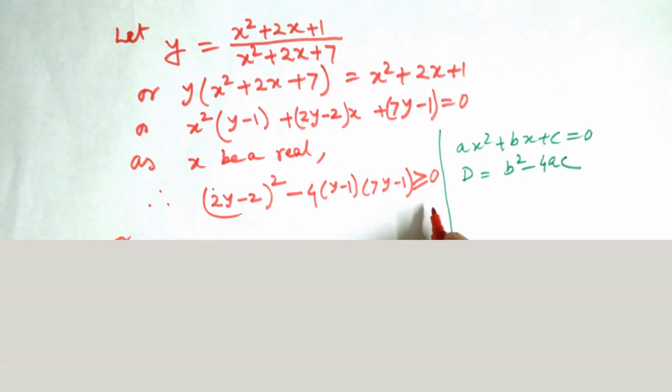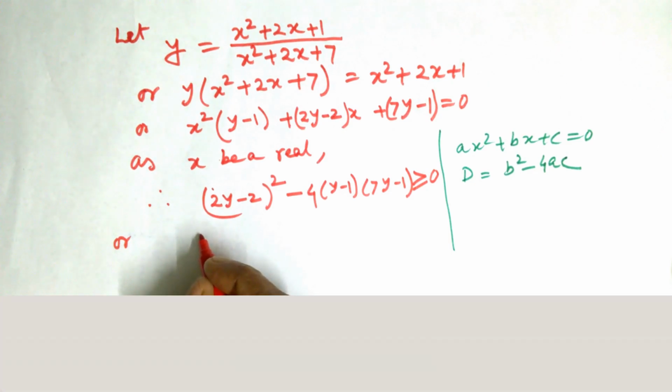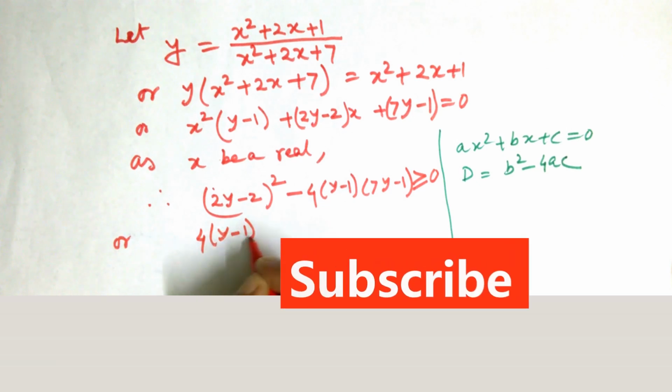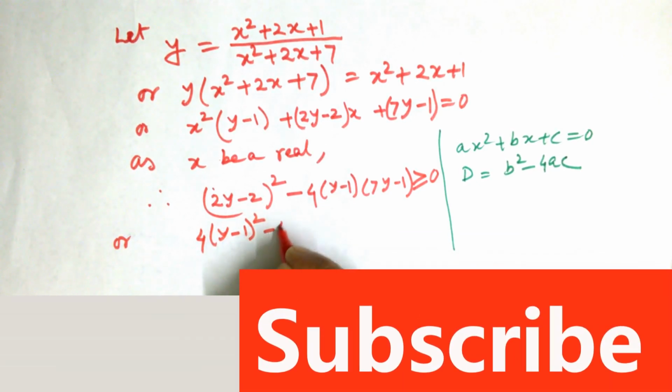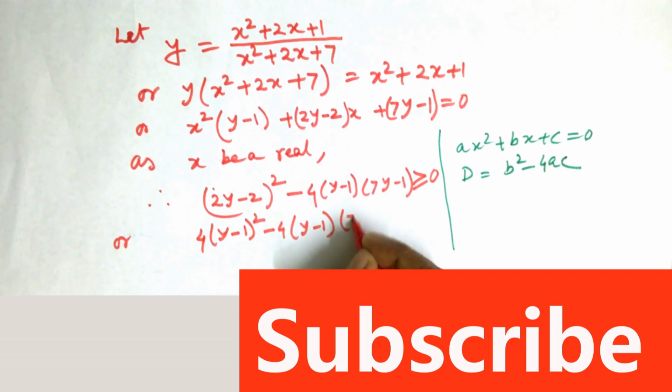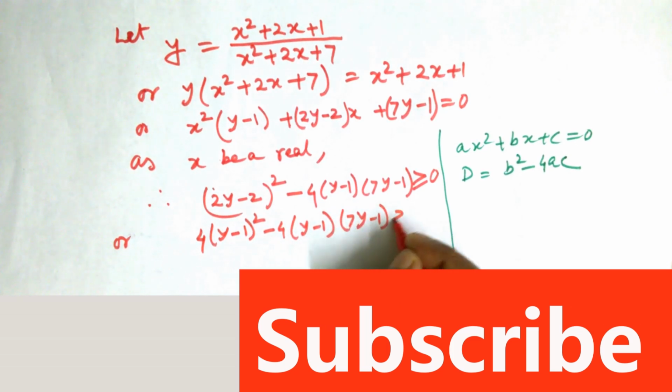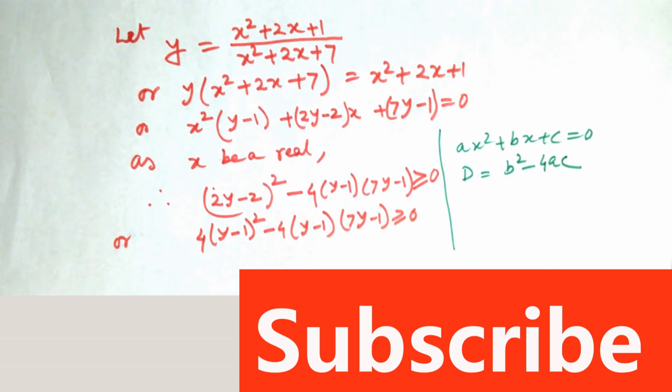To simplify this, first take out common 2. After taking out common 2 squared, that is 4, we have 4 times (y minus 1) square minus 4 times (y minus 1)(7y minus 1), greater than or equal to 0.